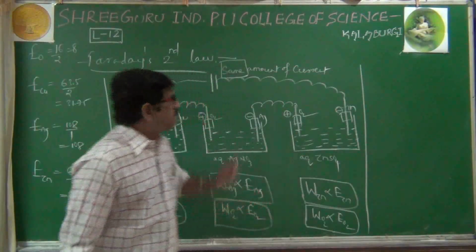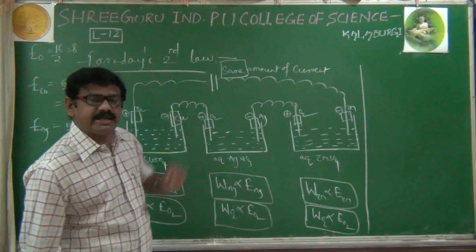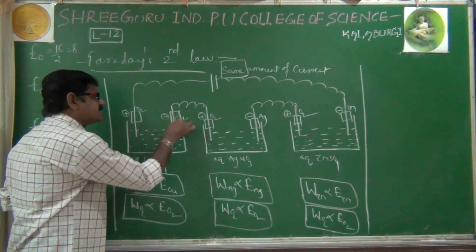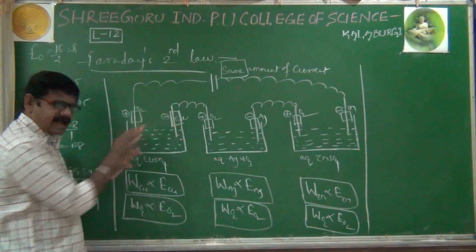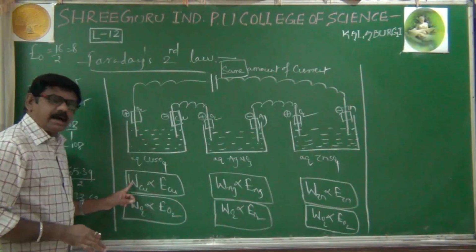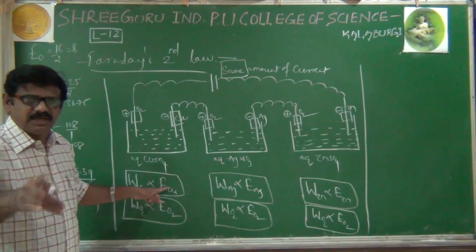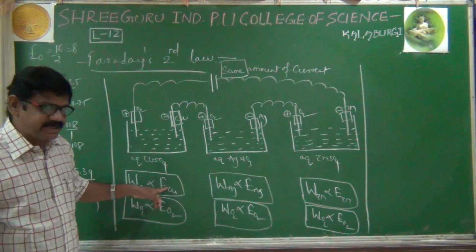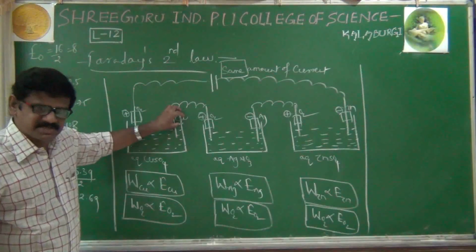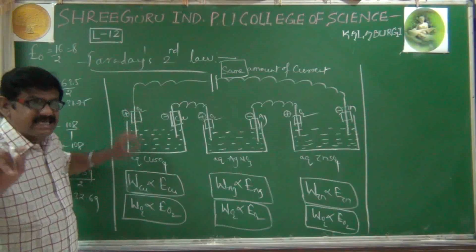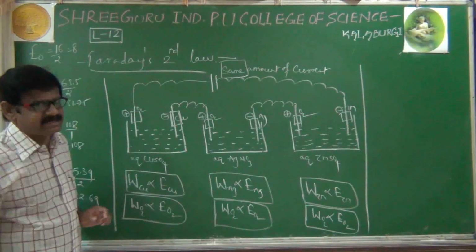Now, what is the second law of Faraday? Very simple. Whatever the amount of substance deposited at the cathode or anode, that mass is directly proportional to its equivalent mass. I'll repeat. The amount of substance deposited or liberated is proportional to its equivalent mass.